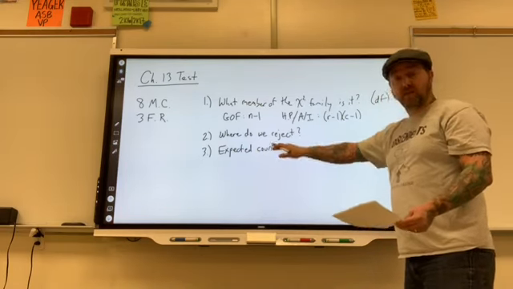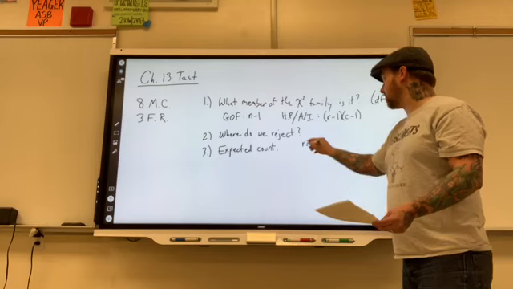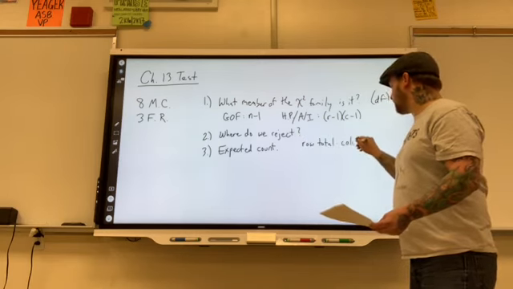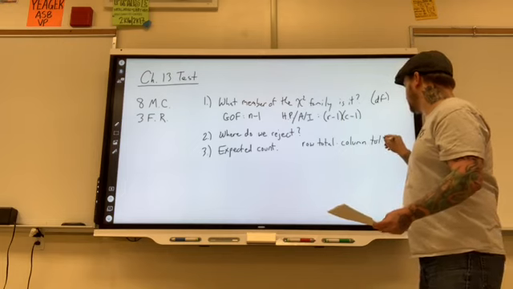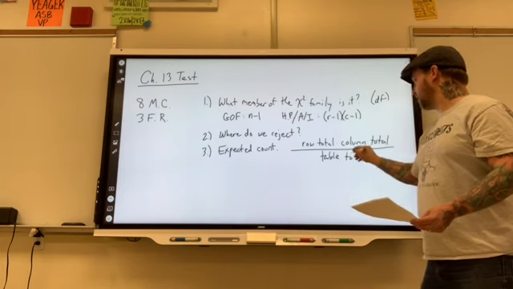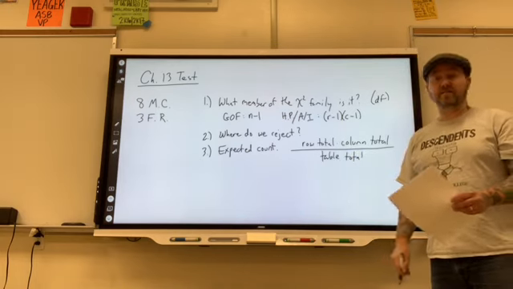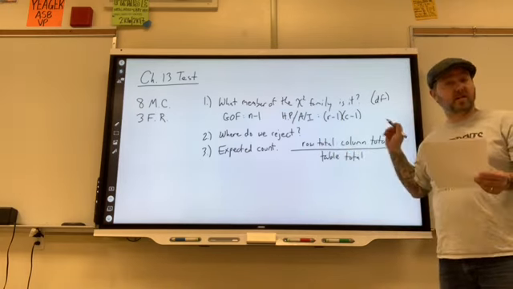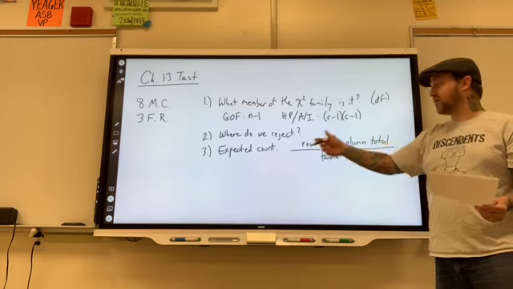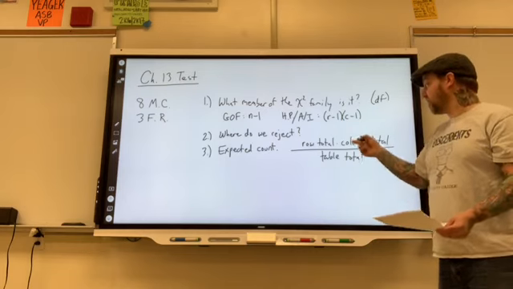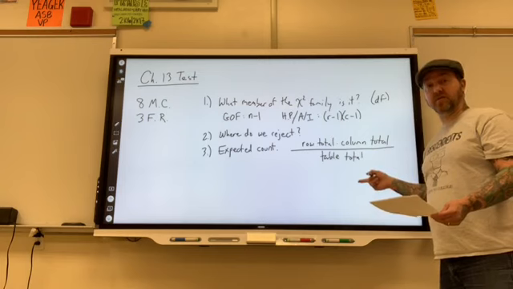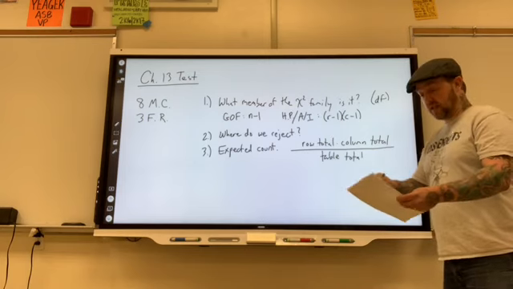Or, if you don't have to do the whole test, it's just row total times column total over table total. All right? So if I give you the matrix, you can put it into your calculator, you can run the chi-square test, you can look at the new matrix, or just figure out row total, column total, table total. And that's it. Easy. Cool.